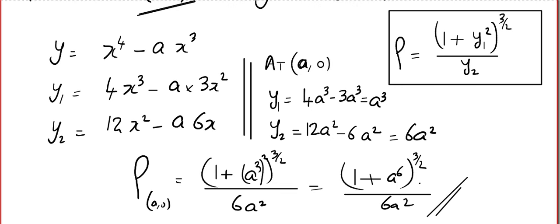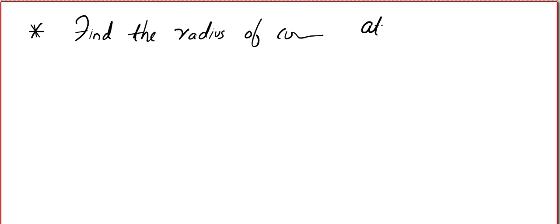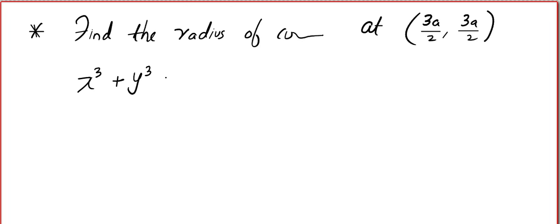Okay, now another question. That's an implicit function. Please write: find the radius of curvature at the point 3a by 2 comma 3a by 2 on the curve x cube plus y cube equal to 3axy.